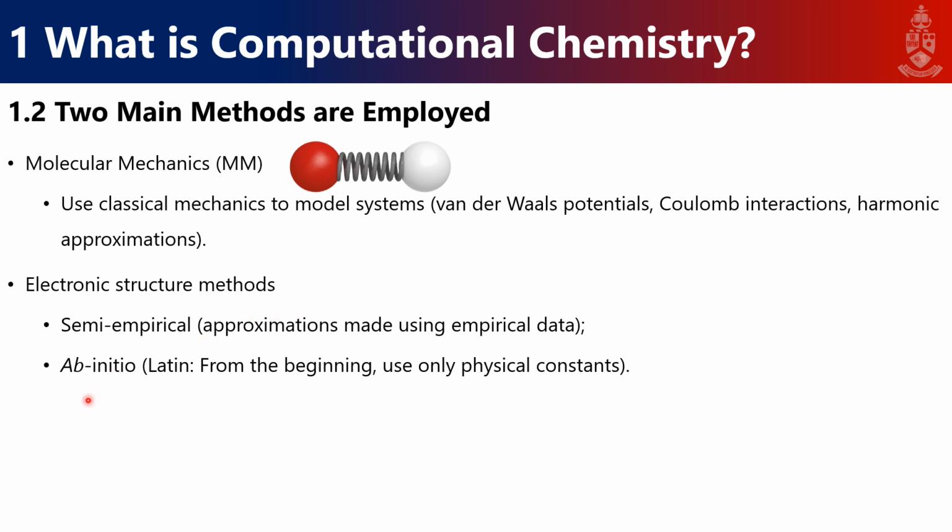And then the highest level that you get is called ab initio, meaning from the beginning, from the ground up, meaning you use only physical constants. So you have electrons, protons, and neutrons, you build wave functions from that, and you calculate all energetics, everything of the system from those points.